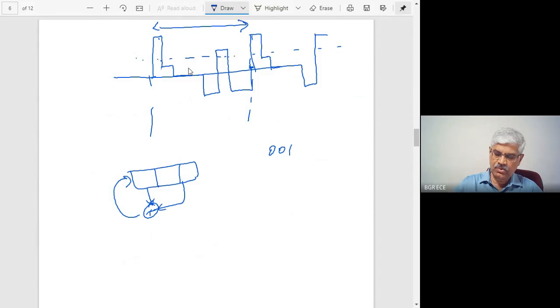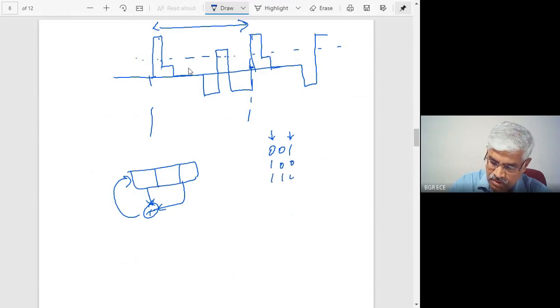Now what is the output here? 0, 0. So this one and this will be exclusive OR. So there will be 1 and the 0, 0 here.